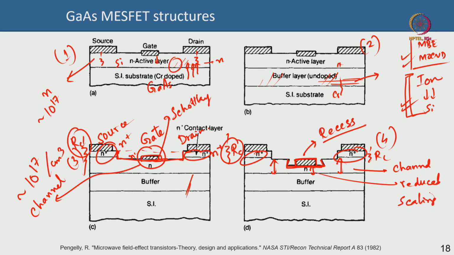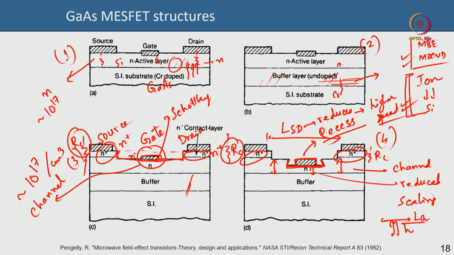This is necessary for scaling. When you scale the device dimension, your source drain spacing LSD reduces, and you have to reduce that to scale the device down for higher speed, for instance, for better noise, for instance. So, as I have told you before, if your gate length Lg has reduced, then the channel thickness, say H, also has to reduce.